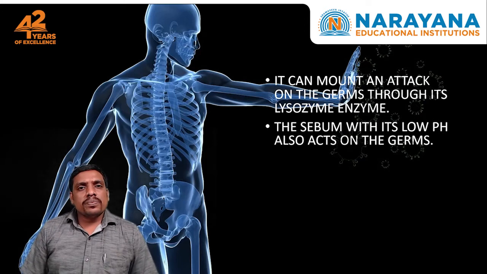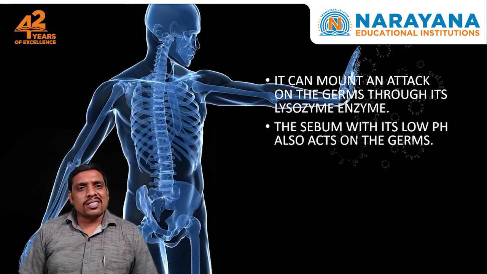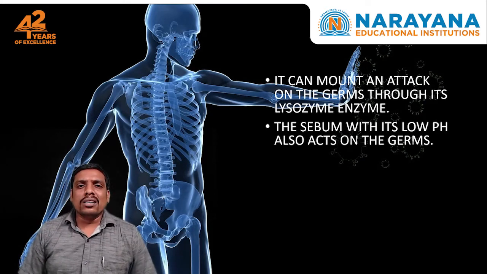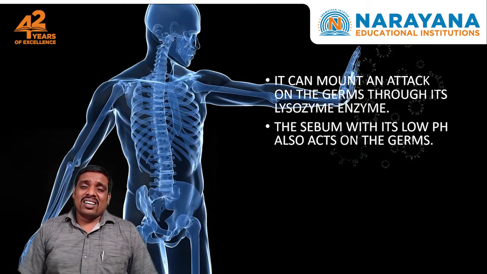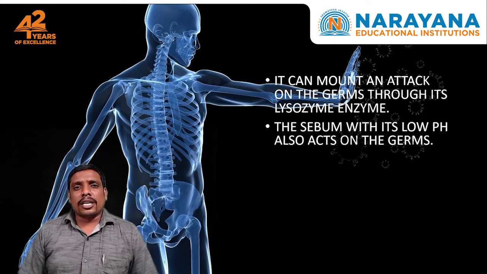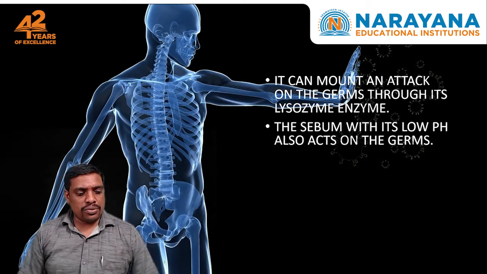Also, the oil glands present in the skin produce sebum. Sebum is an oil produced by the sebaceous glands on the skin. This oily substance can prevent all kinds of pathogens and neutralize their actions.